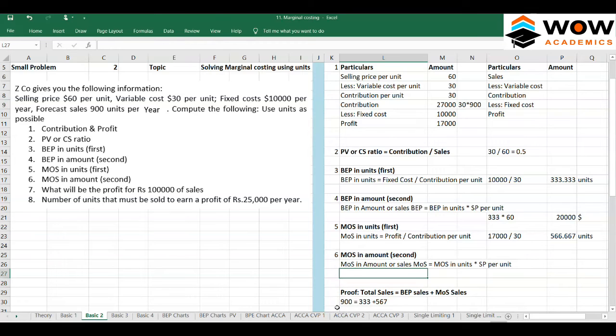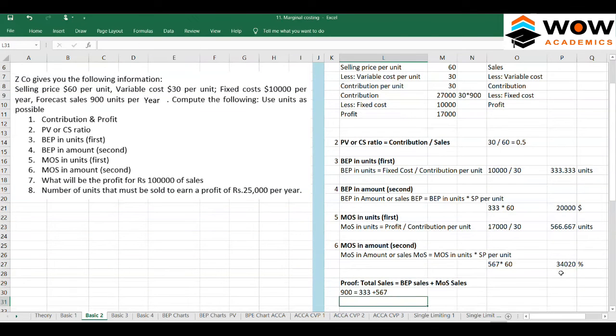Let's get this answer. MOS in amount would be, get the MOS units 567 into the selling price. Selling price is 60. If you multiply, you will get the answer. By this way also you can add and get the answer.